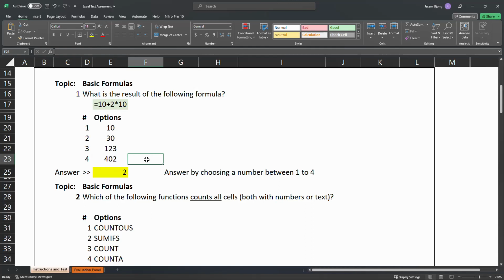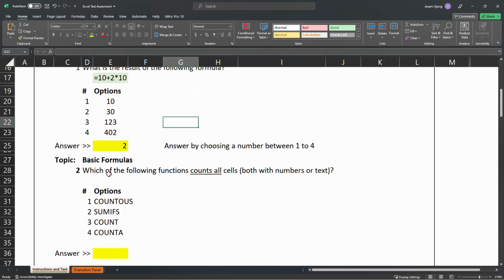We need to have a section on data validation. Excel is just so broad that you cannot finish learning it. Okay, so we have 2 for this.